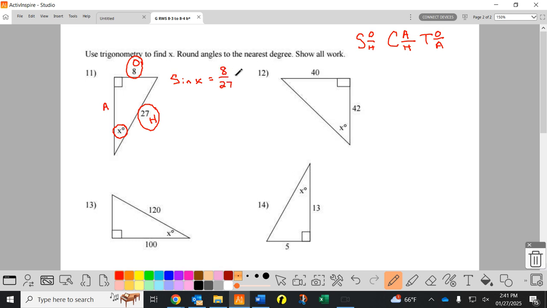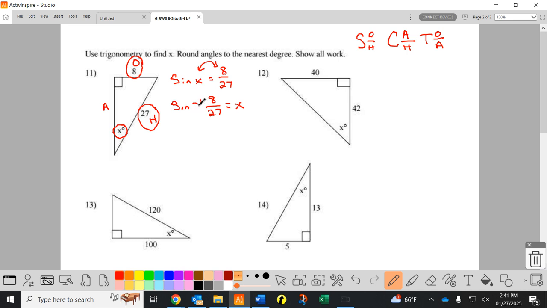Anytime you are missing an angle, you are going to need to do the inverse function and switch these. So it's now going to become sine -1, and then it's going to be 8 over 27 equals x.